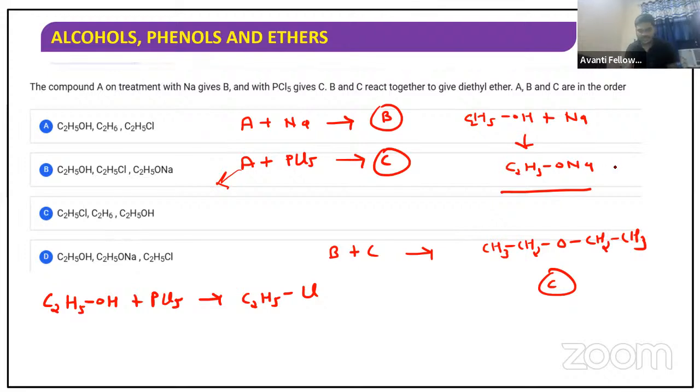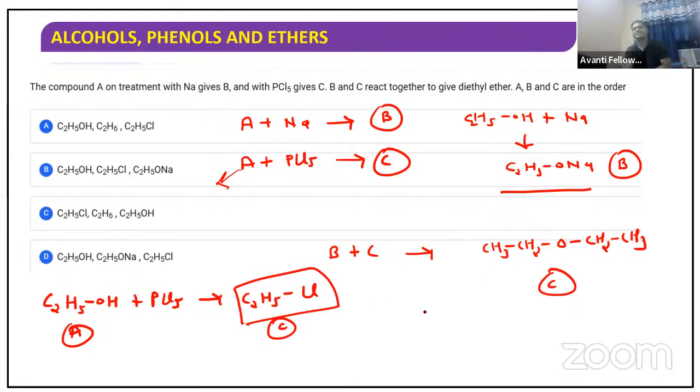So this is basically B, and this is C. Now these two react with each other. What is clear so far? A is clear. This is A, this is B, and this is C, C2H5Cl. Why? Because B and C react together to form diethyl ether.